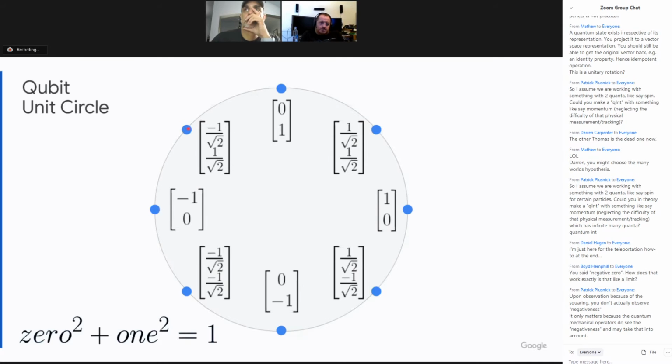Okay, another question. Upon observation, because of the squaring, you don't actually observe negatives. This isn't a question, this is an answer. It matters that we have these negatives because we're dealing not with probabilities directly. We're not talking about negative probabilities, but amplitudes in certain directions.